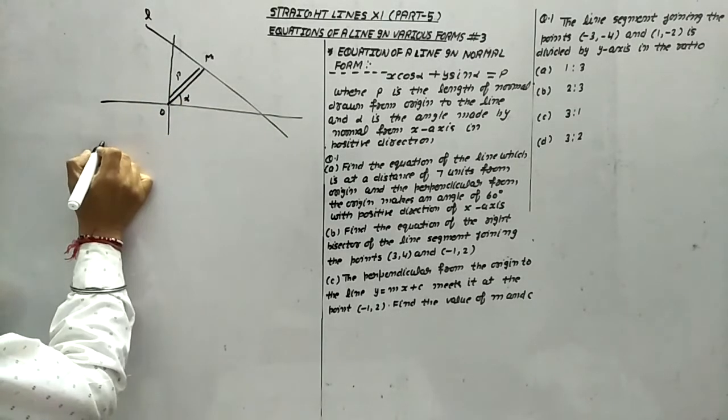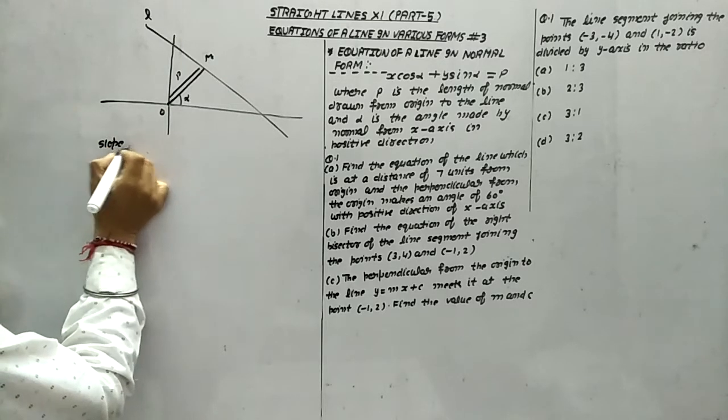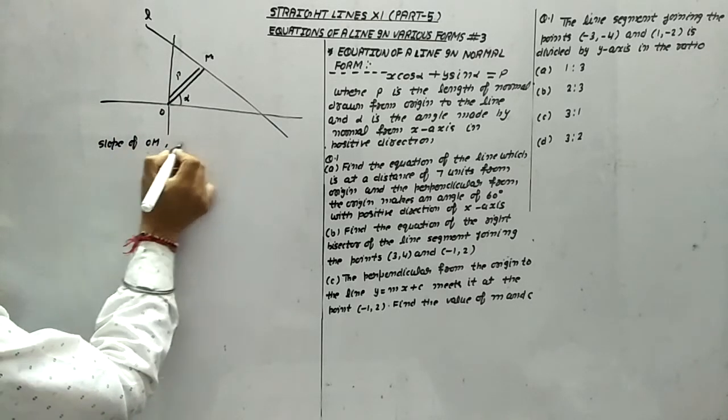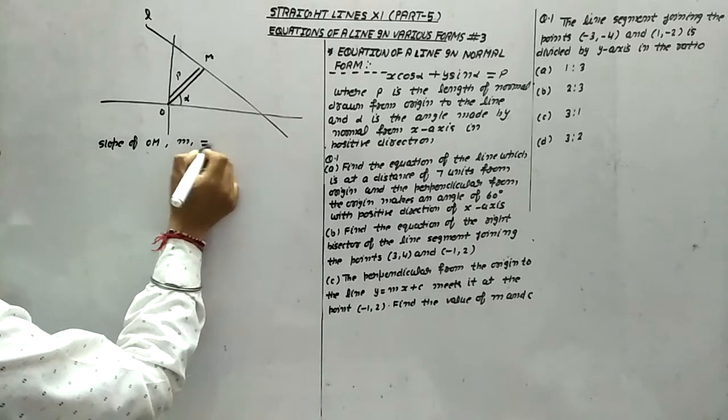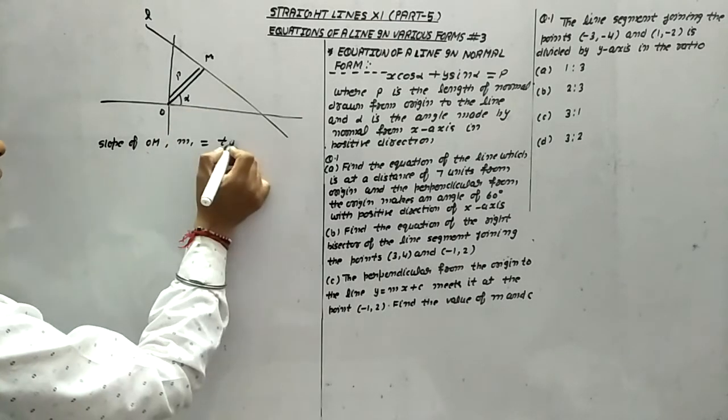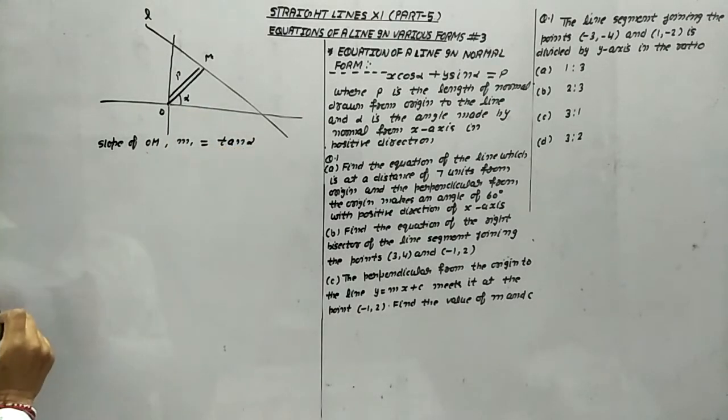Now, first of all, the slope of OM is m1, because the angle is alpha, so this is tan alpha.